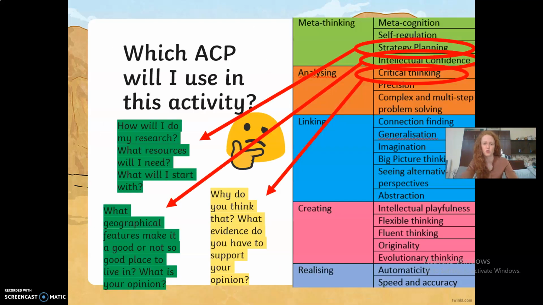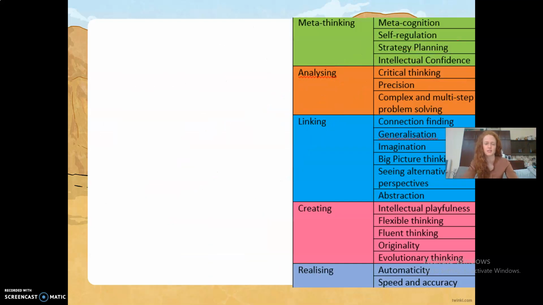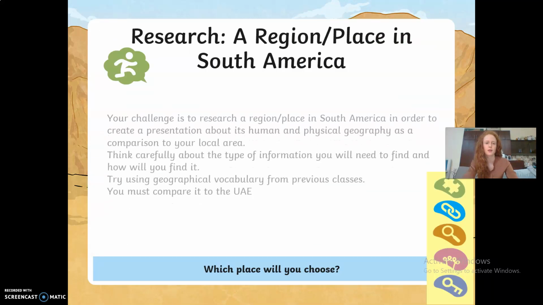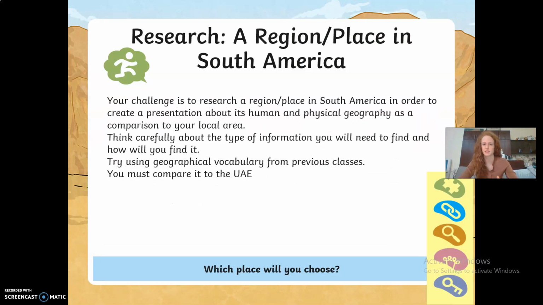That's pretty much it. So once again, I'm just going to repeat what your task here is. You need to choose a place in South America, research physical and human geography features. Also, you can research other geography features such as average temperatures, climate, population, okay?